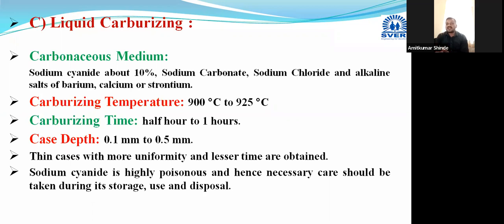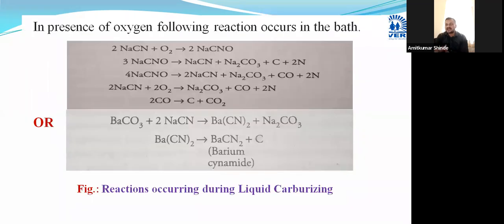Now, how is the carbon separated and how does it diffuse in the austenite? For that, I have highlighted the reactions in liquid carburizing here. These are the reactions in the presence of oxygen that will occur in the salt baths.